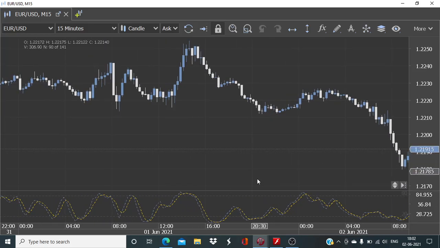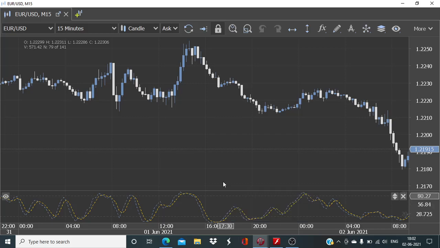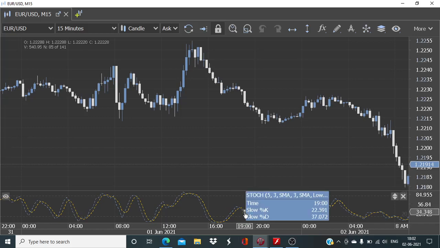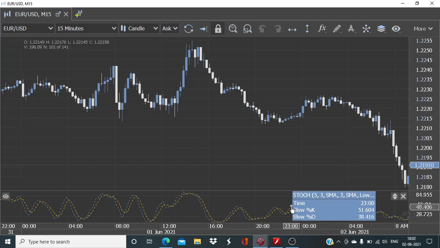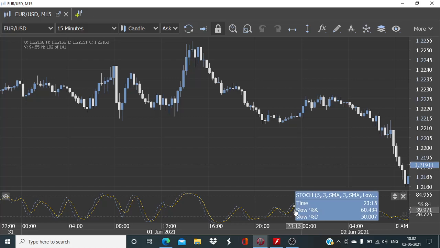For the buy trade, after the 4 hourly conditions have been fulfilled, we will need to check the slow K and slow D output values on the lower time horizon. In this case, we will need both these values to be below 50 and above 20, and also the crossover condition will need to be satisfied.